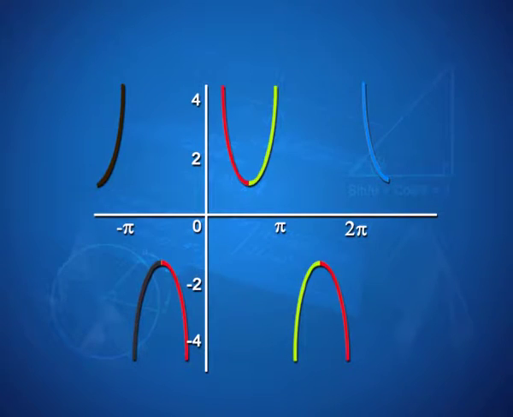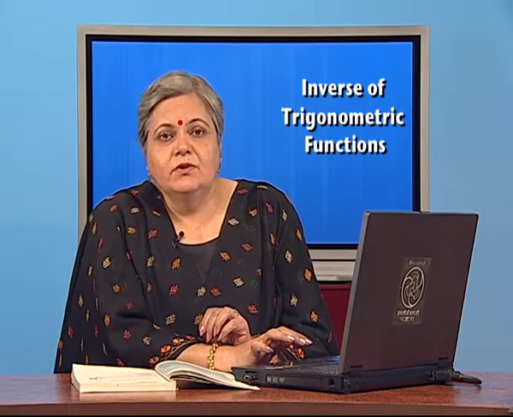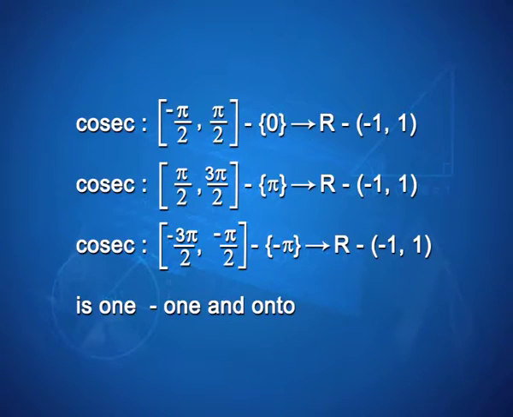If you take the interval from minus pi by 2 to pi by 2, pi by 2 to 3 pi by 2, and so on, the function is very much a 1-1 function, and when mapped to its range, the function is 1-1 and onto.